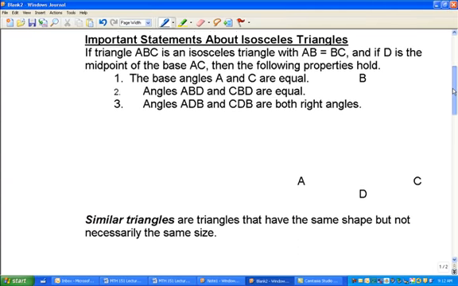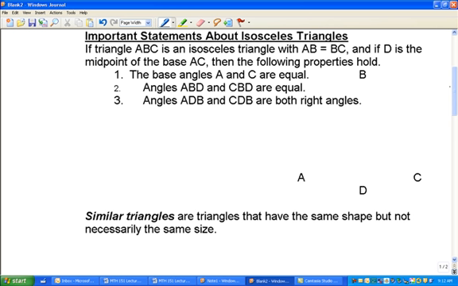Now, let's take a look at important statements about an isosceles triangle, and as usual, my drawing has disappeared, so I'm going to try to put it in here, hopefully, so it looks reasonable. Okay, so we have an isosceles triangle.